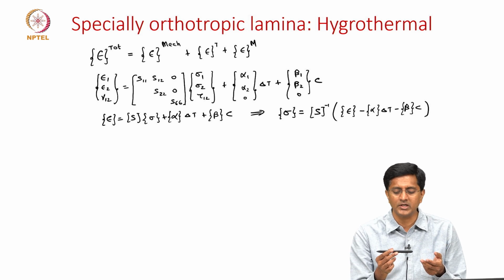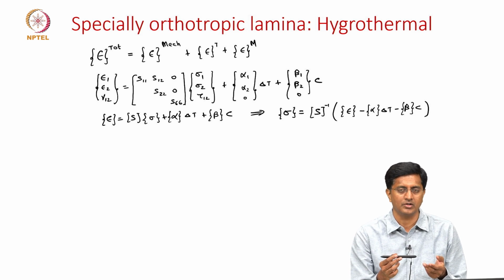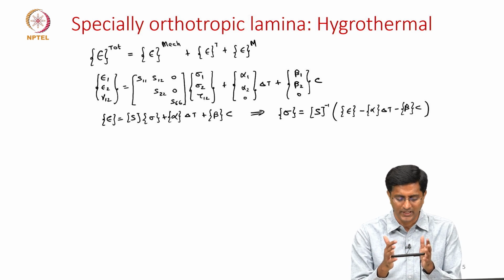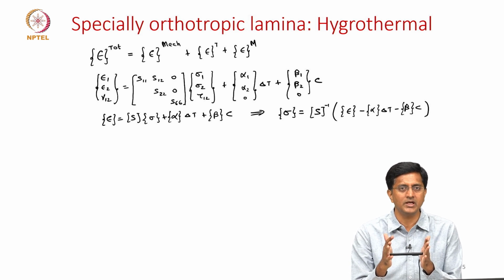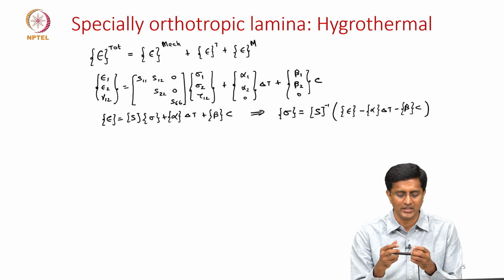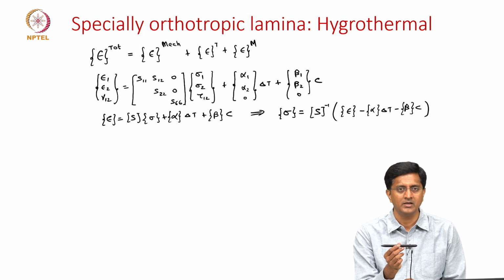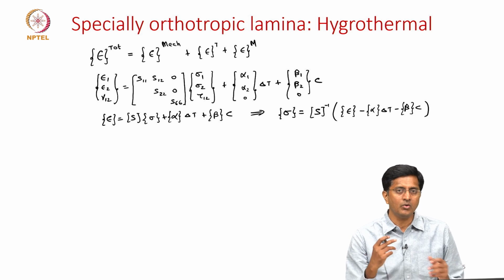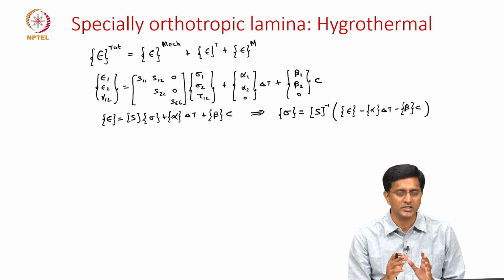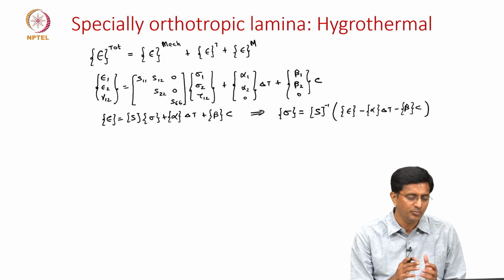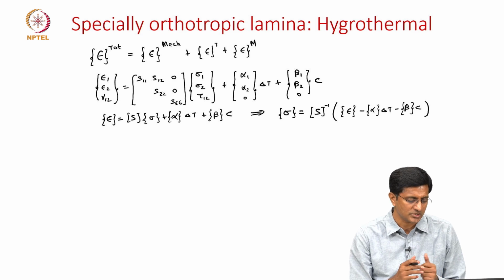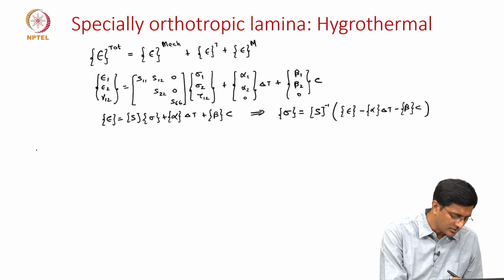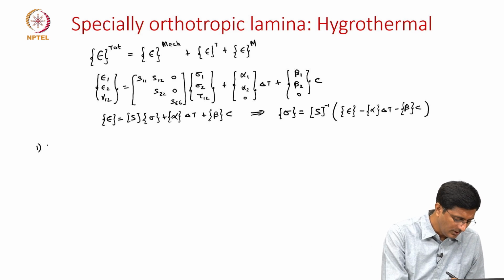That depends on whether it is constrained or not. If I restrict the expansion, that's when we increase the stresses. But let's say if it is free to expand, then there are no stresses build up in the material. So now let's look at both of these conditions separately and see what is the implication of these equations we just derived. So we'll start with unrestrained.